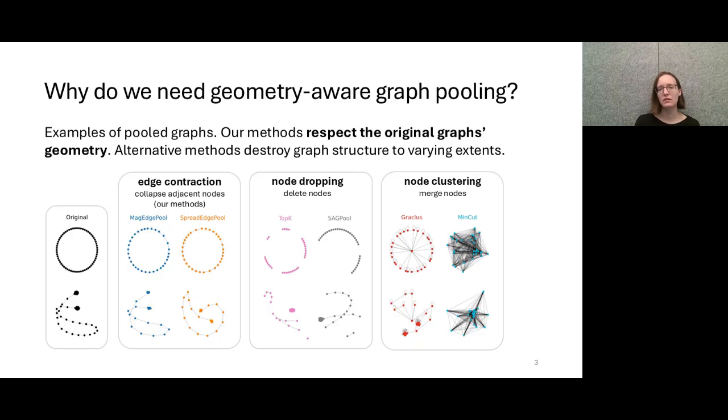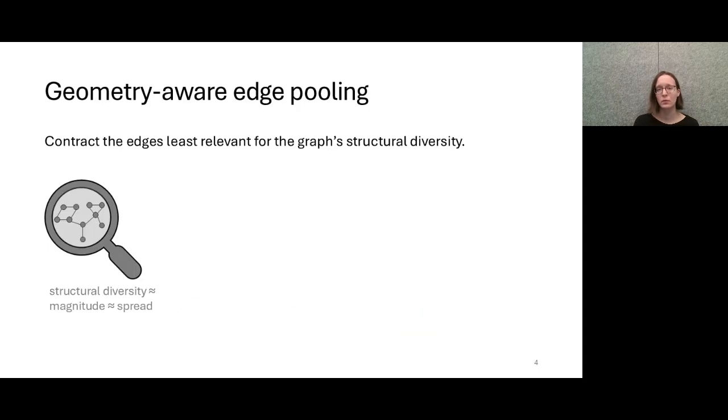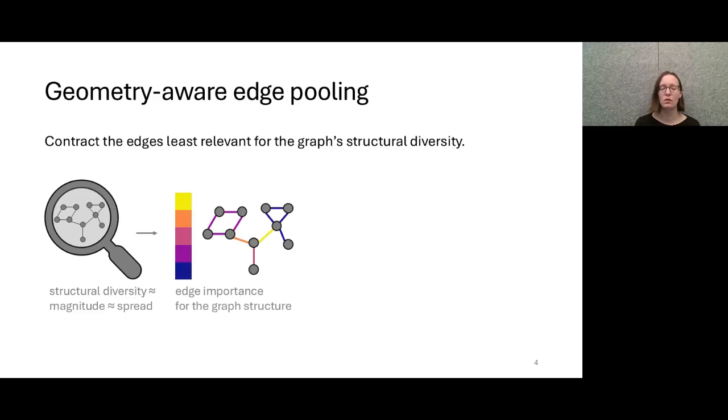So motivated by this comparison, we see that there's a need for more geometry-aware and structure-preserving graph pooling. Specifically, we'd like to make clear and interpretable pooling choices on which parts of the graph to preserve. And to do that, we decide to not only use edge contraction pooling, but to contract edges in a manner that preserves the graph structure and preserves its structural diversity. What it means is that in practice, we compute a graph's structure diversity using either its magnitude or spread, and these geometric measures then allow us to define an importance score for every edge in a graph.